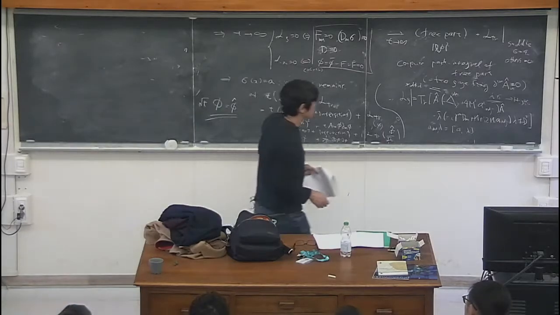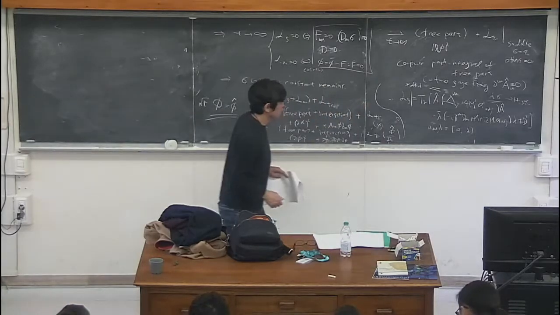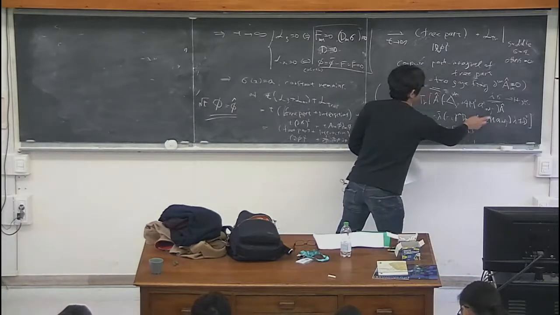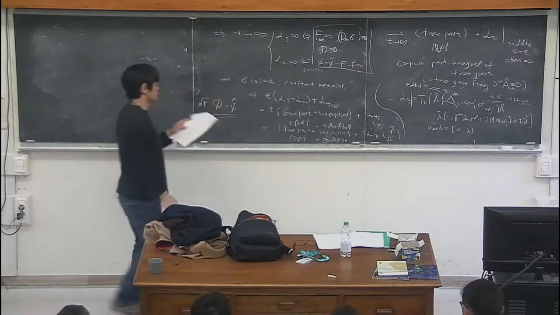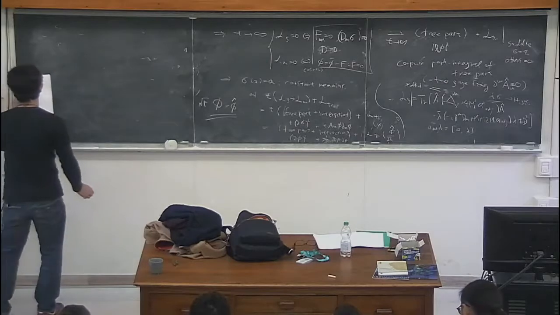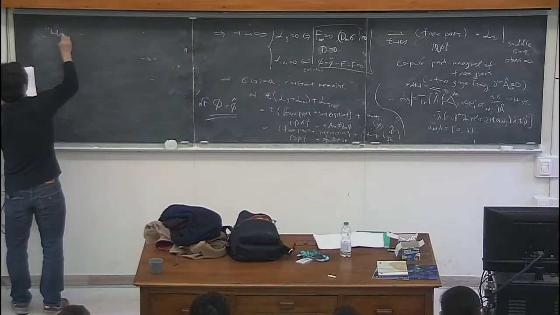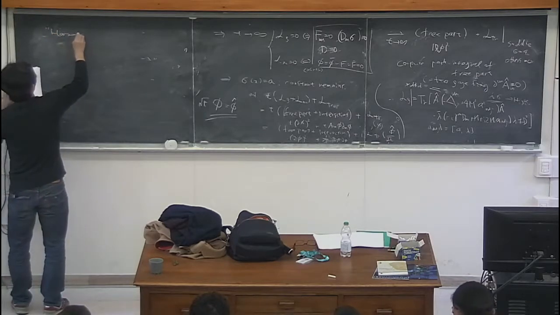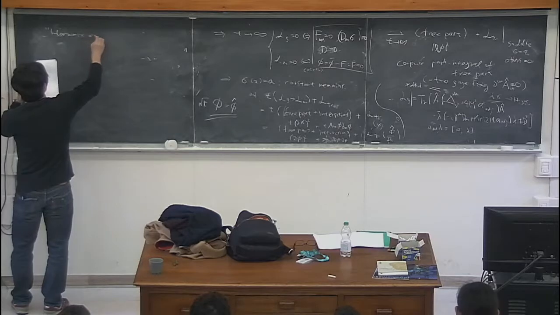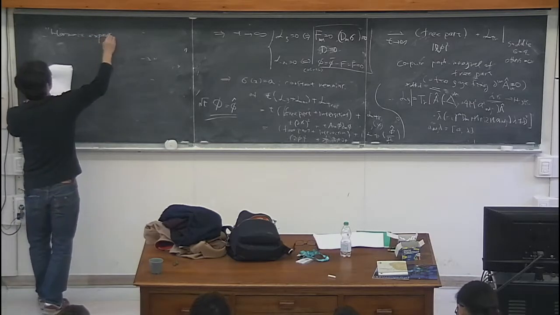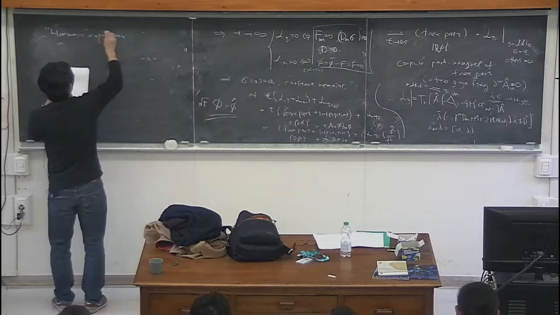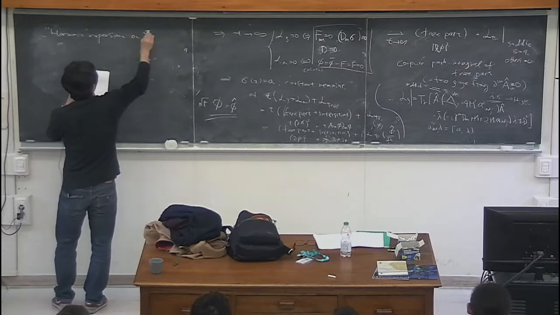A is coming from sigma in the interaction, and so then we need a harmonic expansion, or Fourier expansion, on S3.